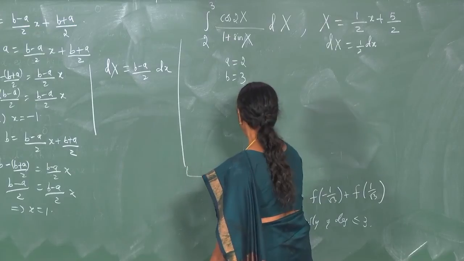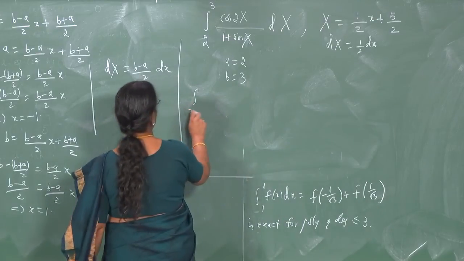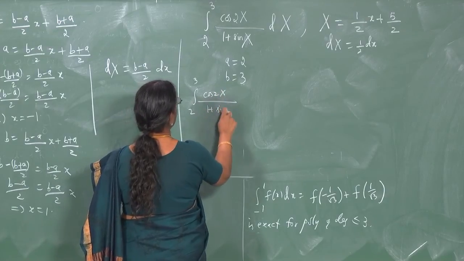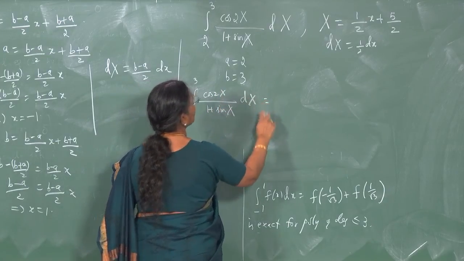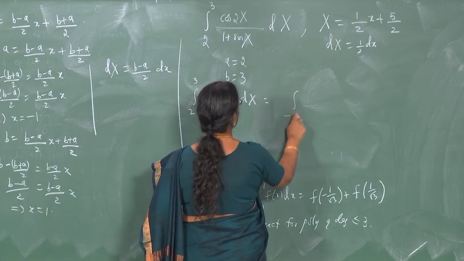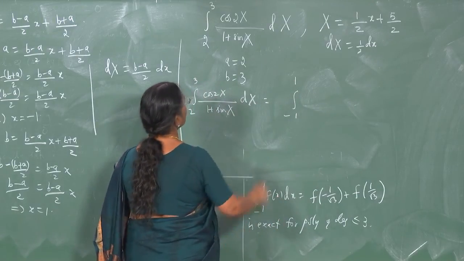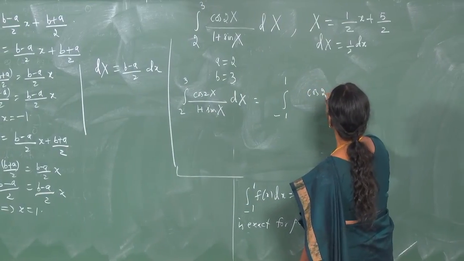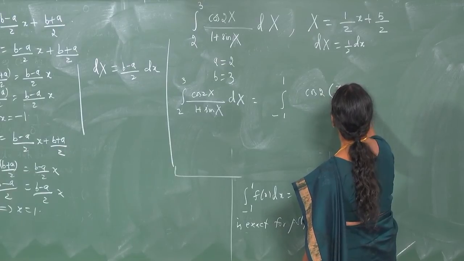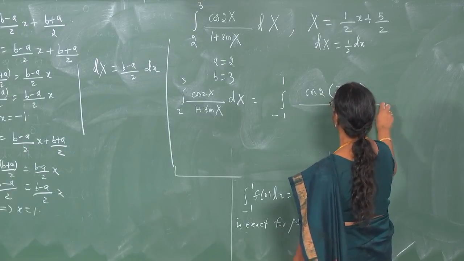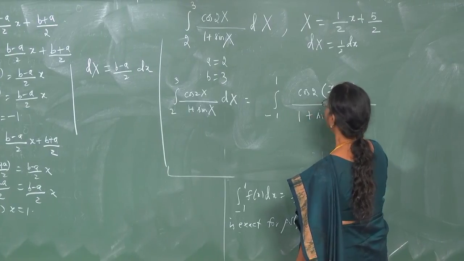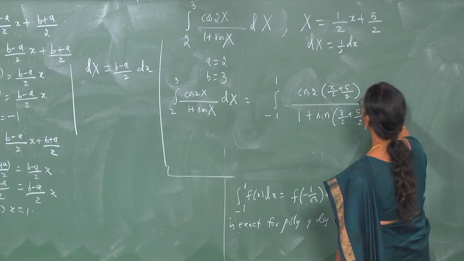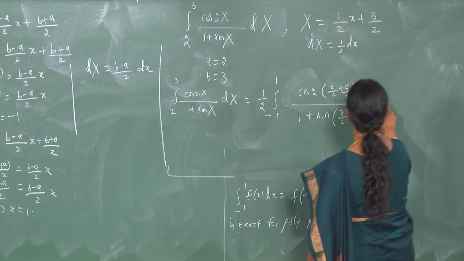So, by that formula, integral 2 to 3 cos 2x by 1 plus sin x dx will be integral minus 1 to 1 f of, isn't it, cos 2, what is x? X by 2 plus 5 by 2 divided by 1 plus sin of x by 2 plus 5 by 2 into d capital X, that is half of dx.